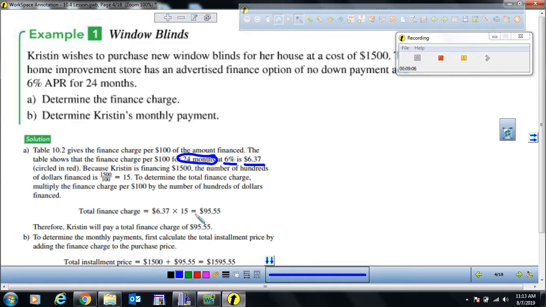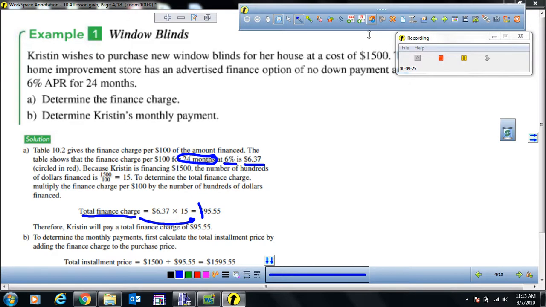The total finance charge is $95.55 when you multiply these two. And that's the answer for letter A.